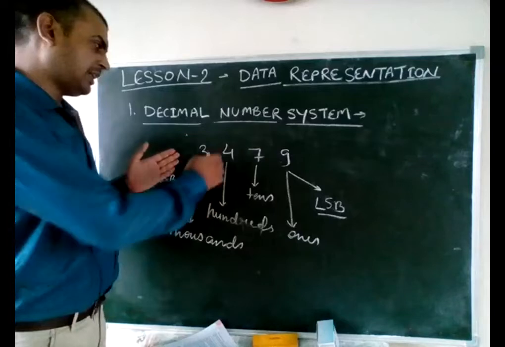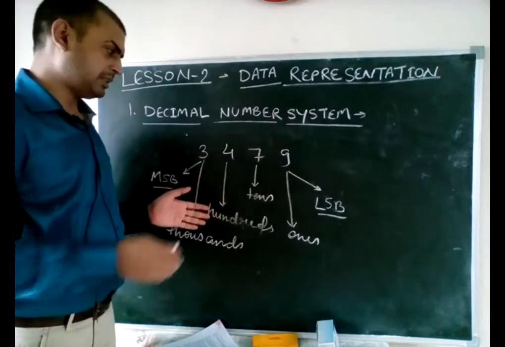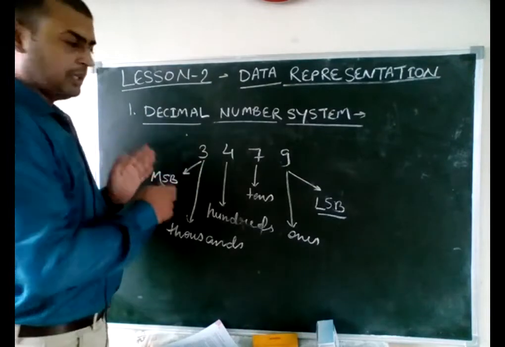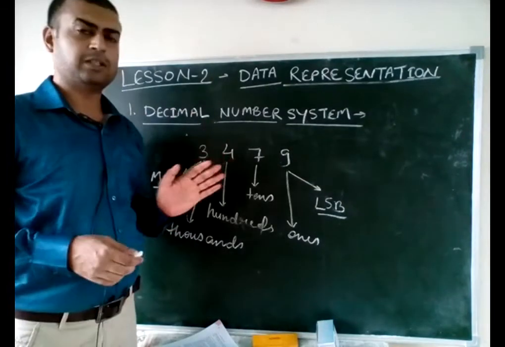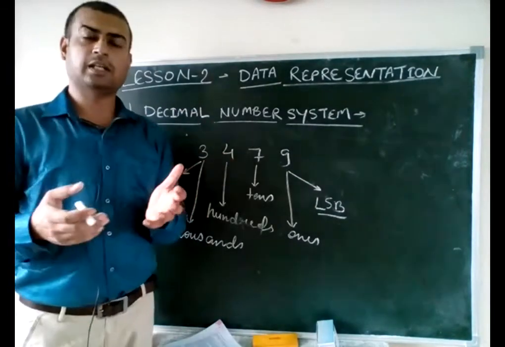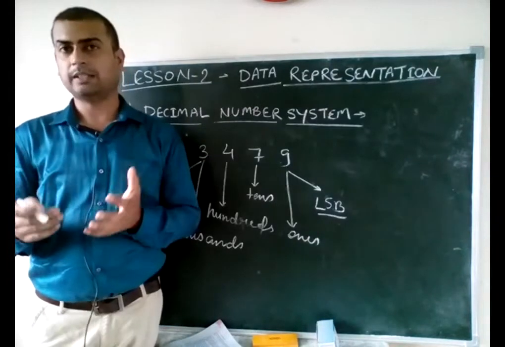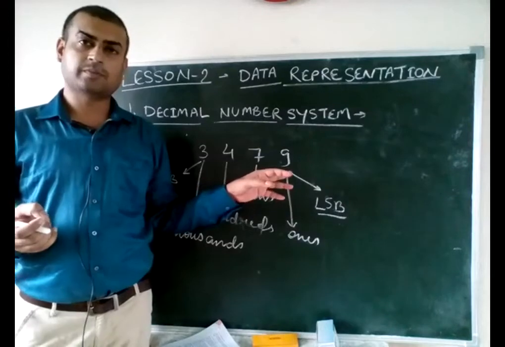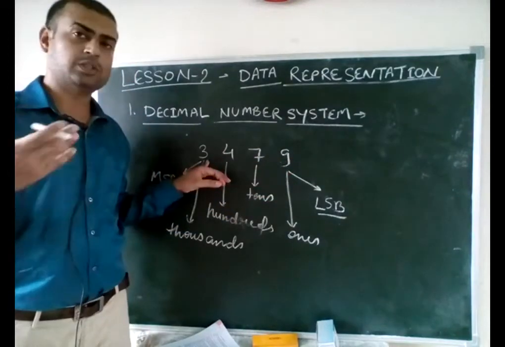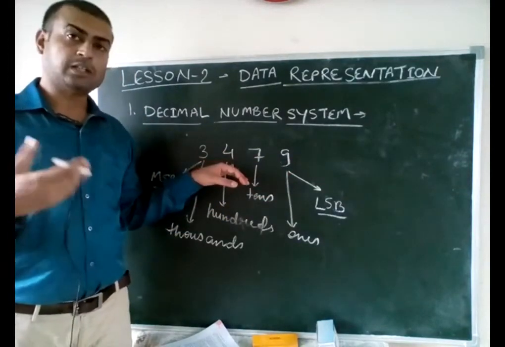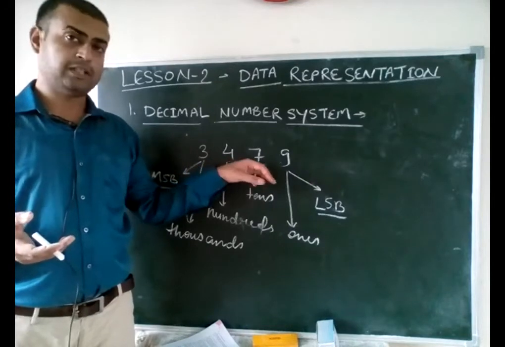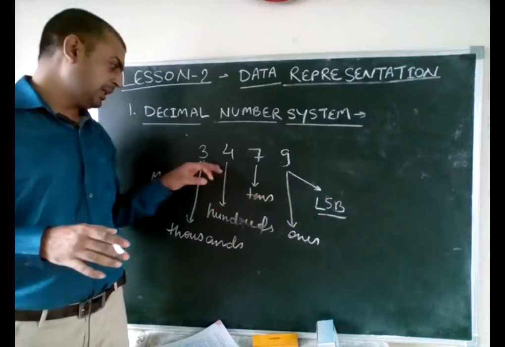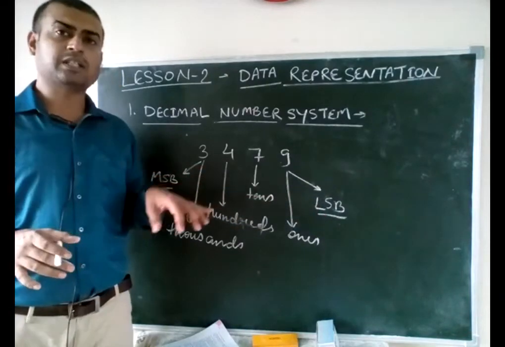According to this, if we are having more digits, then we can have 10,000, then lakh, then 10 lakh, like this it will go. So in this number system, every number will have its position, and with that position we will define the positional value of that number. This is having the least value, means this is 3000, this is 400, this is 70, and this is only 9. That's why it is called LSB, least significant bit, and this is called MSB, most significant bit.